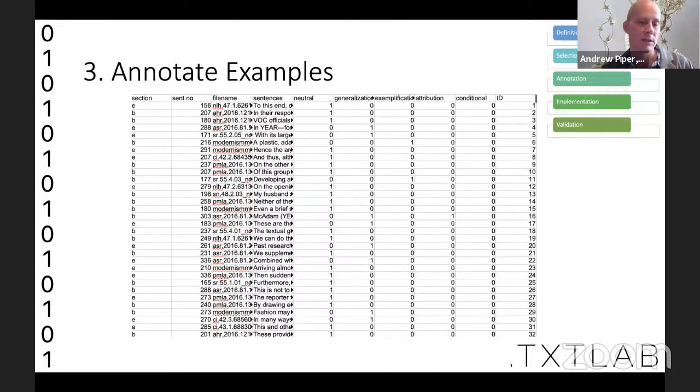Well, I spent the better part of a winter going through these articles and sampling sentences from them and annotating them for whether or not they were generalizations. And this is what a table looks like ultimately. And I used a binary model. A sentence either was a generalization or it was not a generalization. Again, that's a modeling choice. And if you were to do this project, you may want to argue that generalization is a scalar problem and see if you get different results that way.